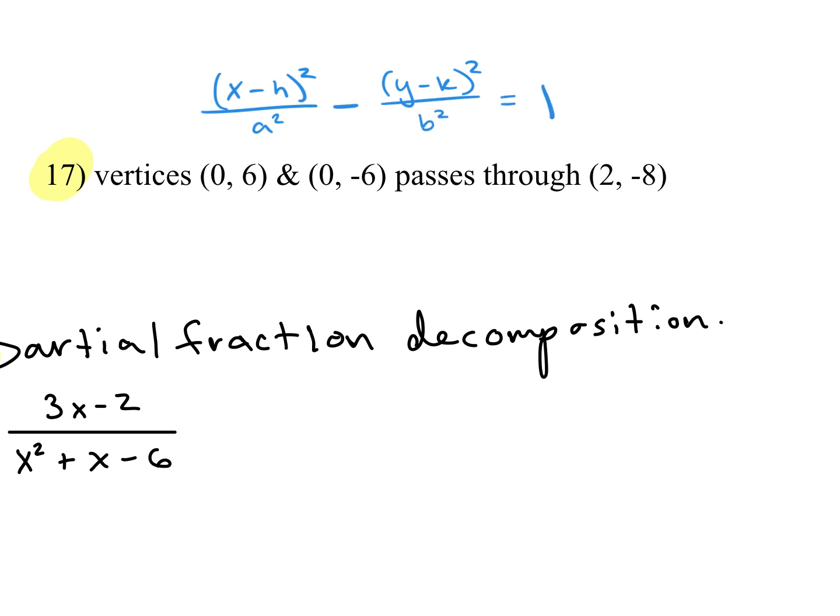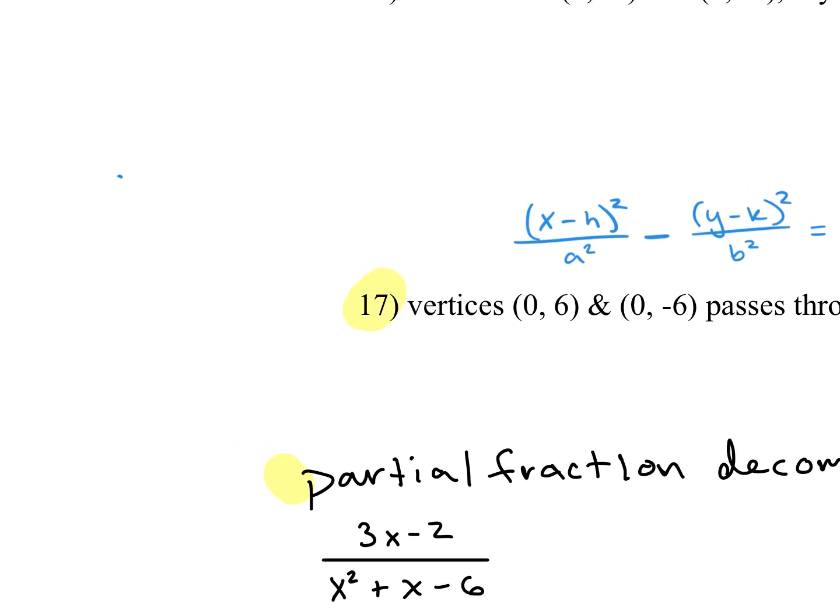Now it depends. If our hyperbola opens sideways like this, the x squared comes first. If our hyperbola opens vertically, the y squared comes first. So it depends on which way that it opens.